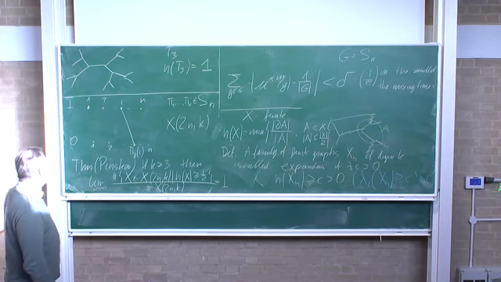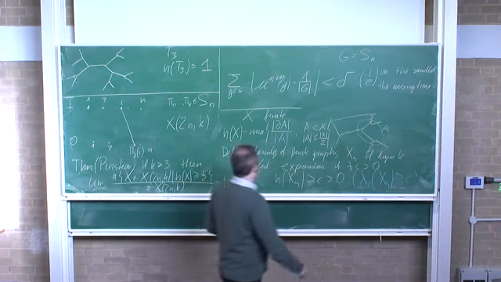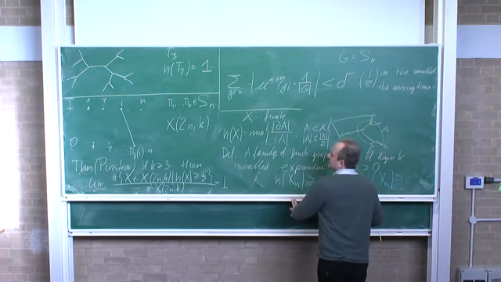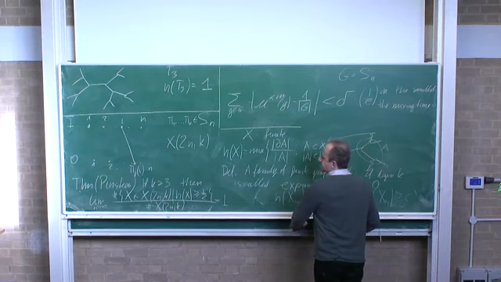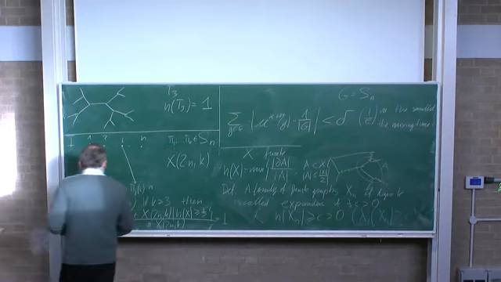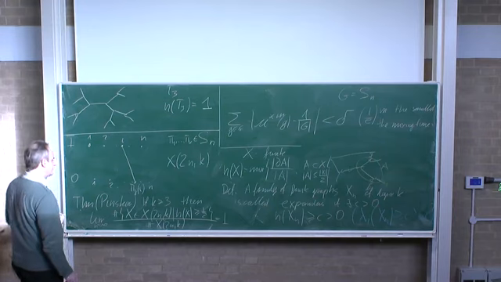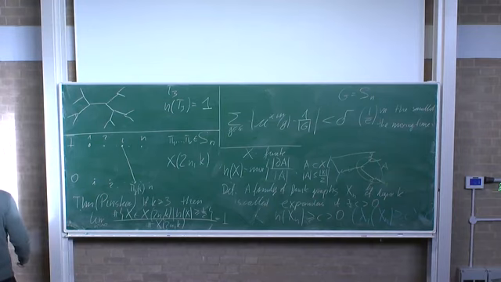Okay, so almost all graphs have large isoperimetric constant. Let me show you the proof of this theorem.